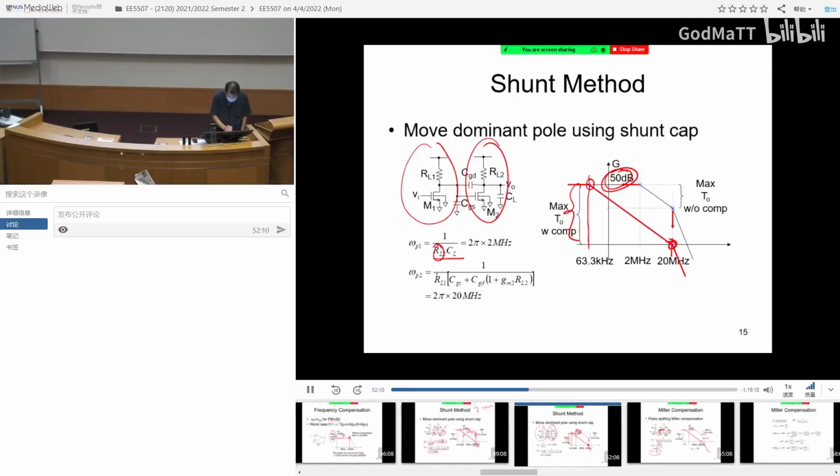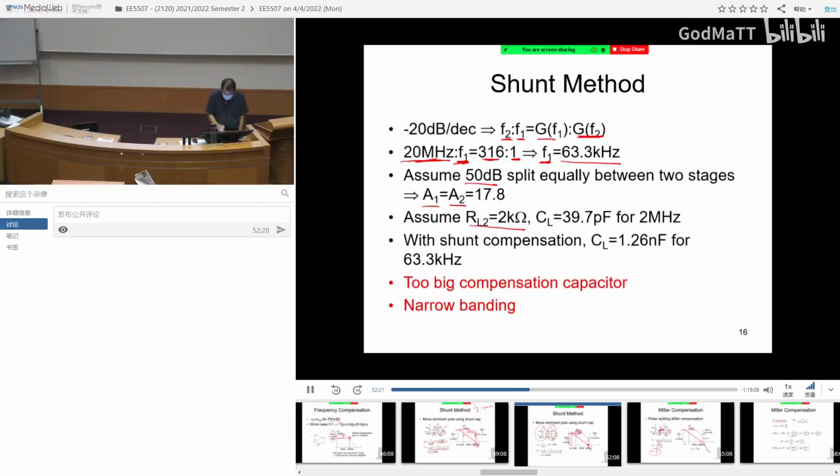Instead of 2 megahertz, now you have to change this to 63.3 kilohertz. So this is my new CL in order to obtain 63.3 kilohertz. If you stick to the original, 39.7, we are going to end up having 2 megahertz.